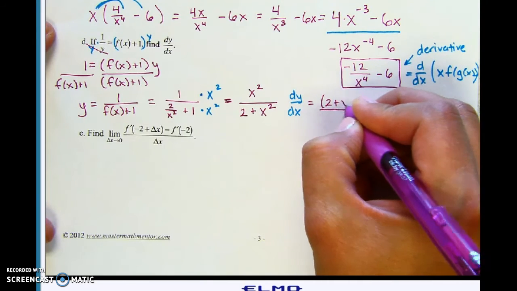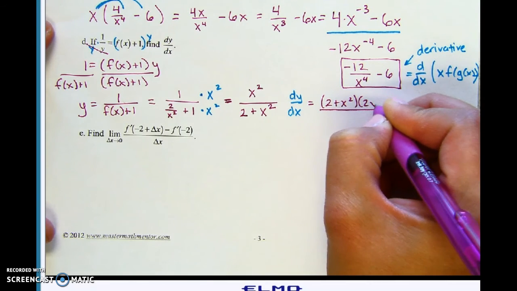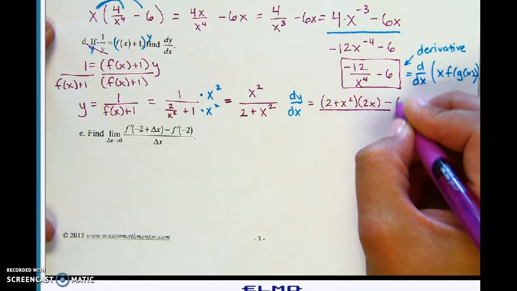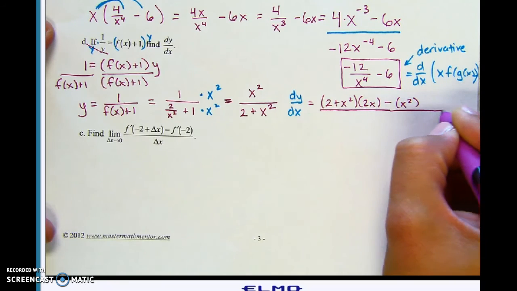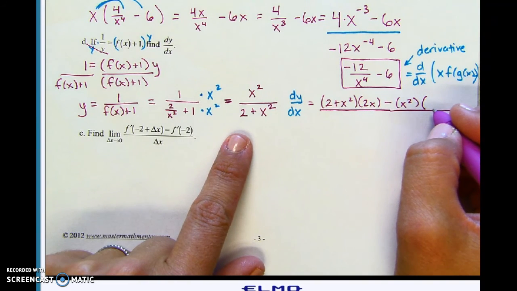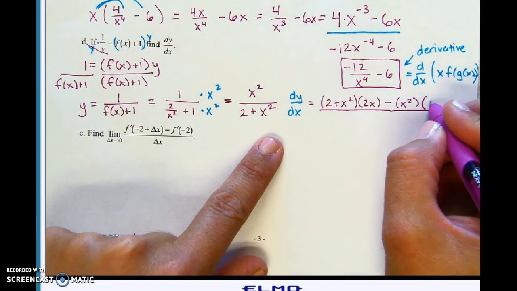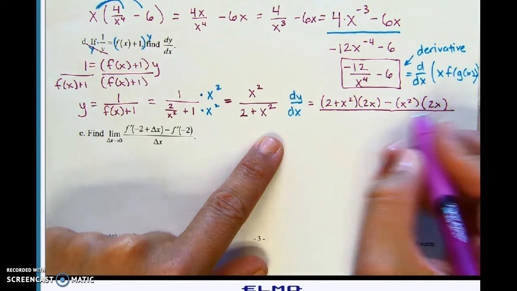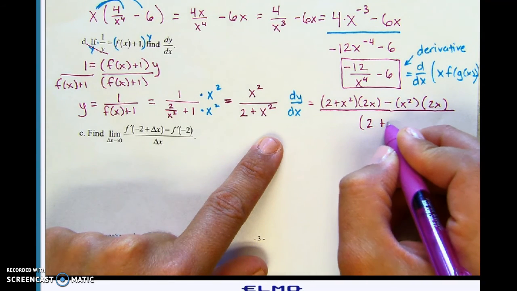Low d high minus high d low. What's the derivative of 2? 0. Derivative of x squared. 2x. Okay.